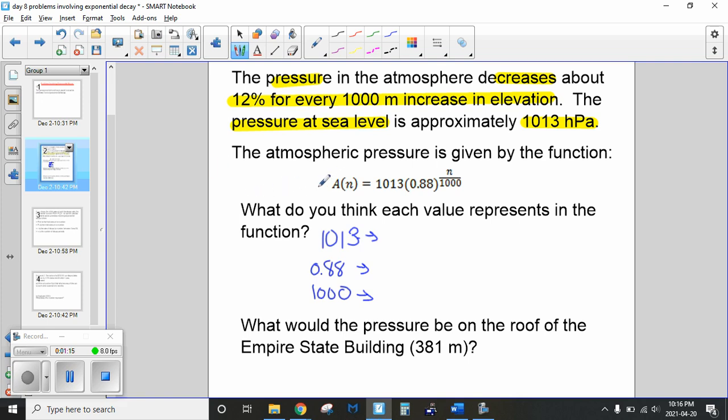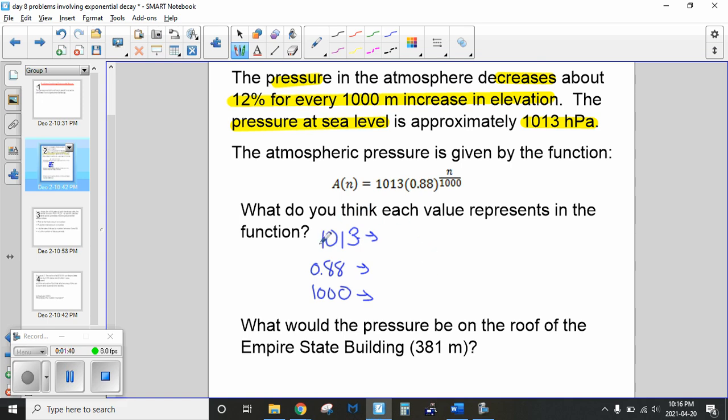So A is for atmospheric pressure after a number, like your elevation number. And we're going to try to break apart what are all of these values that show up in this equation. So I haven't yet shown you the exponential decay general formula, but we've seen the growth, so we'll see what we can figure out from here.